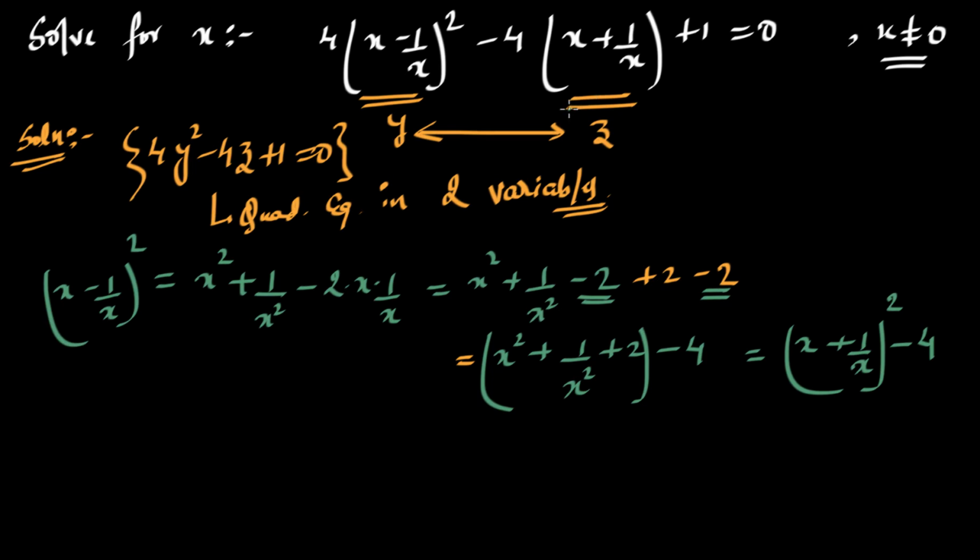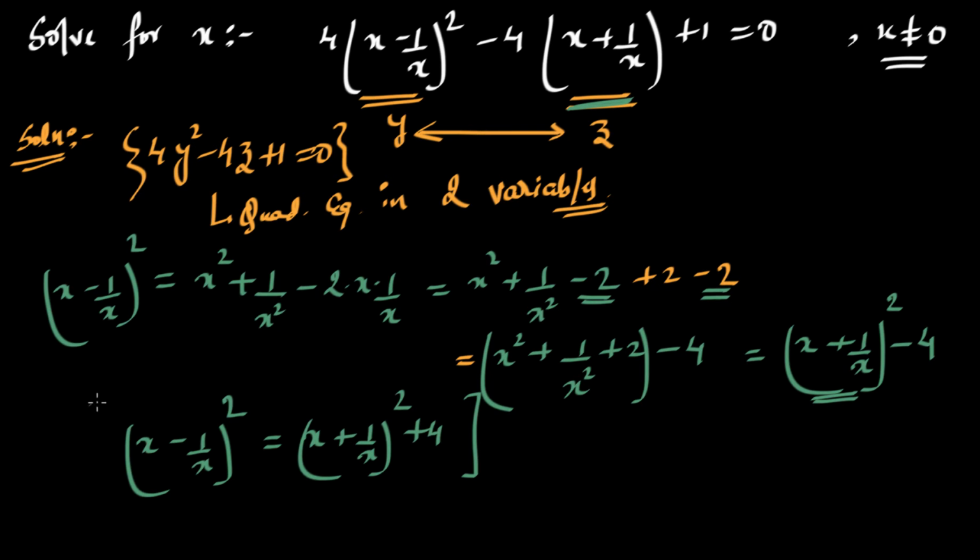Now you can see this was our z, and we got y, that was our (x minus 1 by x) whole square, in terms of z, x plus 1 by x. So if I rewrite the whole thing, (x minus 1 by x) whole square is equal to (x plus 1 by x) whole square minus 4. This is the result that we got from here.